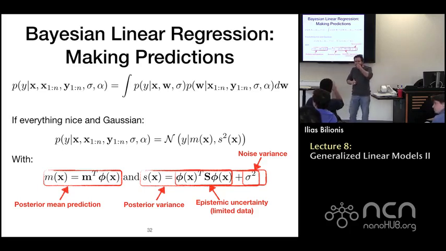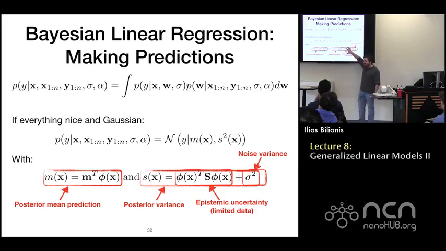So the epistemic uncertainty constant that we have, does it try to make our model much better? This does not make your model better. This tells you how bad your model is. Okay? This is the difference. What we didn't have before with the maximum likelihood of the least squares was exactly this term: a quantification of how uncertain we should be about the weights that we have found, about our predictions.